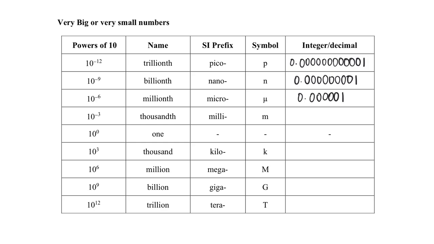And for milli, 0.001. 10 to the power of 0 is 1. 10 to the power of 3, 1000, 3 zeros. 10 to the power of 6 will have 6 zeros. Giga is 9 zeros behind, which is a billion. And trillion is 10 to the power of 12, so there will be 12 zeros.